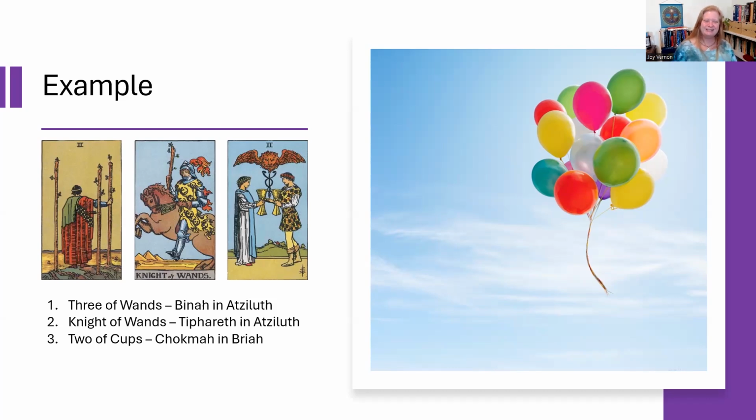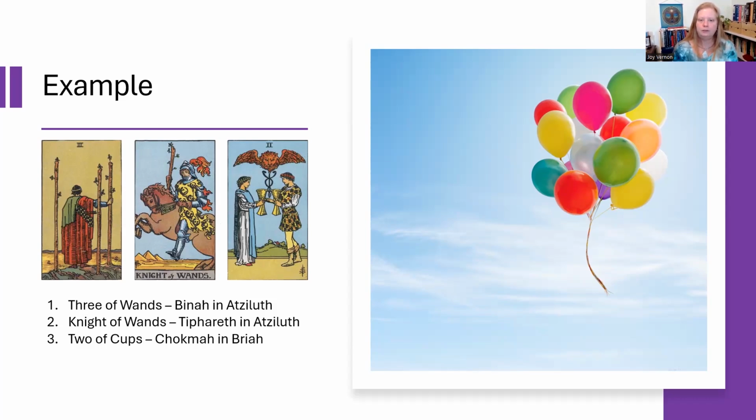So this was from a random tarot spread generator. I did not ask a question. I literally just clicked on a link. But my intention was for a good example, and I think this works pretty nicely. So I just pulled 3 cards. We were looking at the 3 of Wands, then we get the Knight of Wands, and then the 2 of Cups.